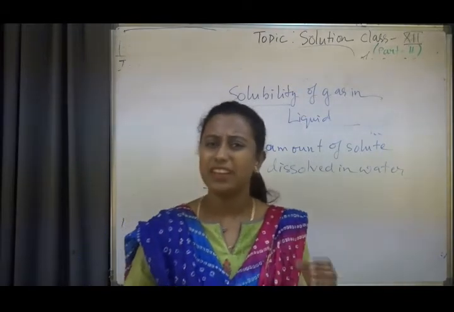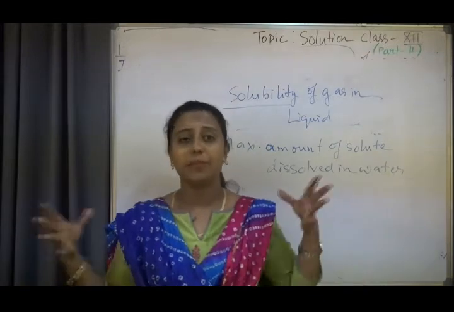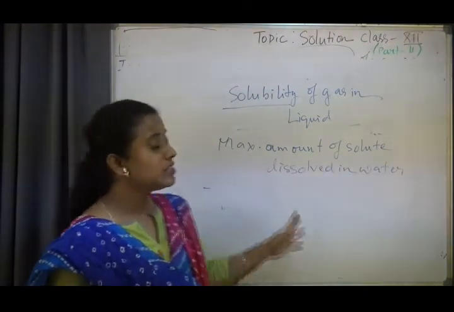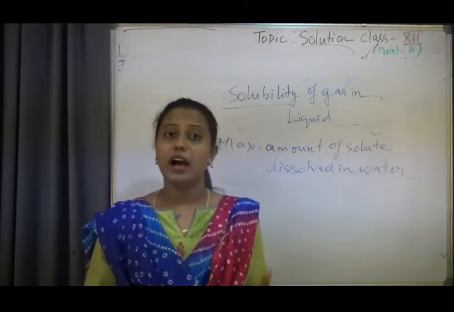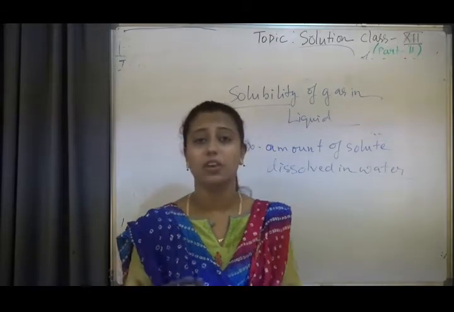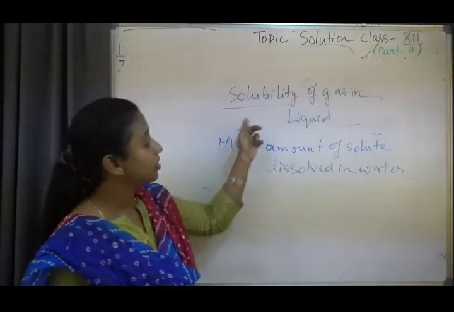Here I have taken a very small pinch of salt, but if I add the maximum amount of salt, then up to the maximum amount of solute dissolved in water, after exceeding which we cannot dissolve more solute into the water, that term is called solubility.